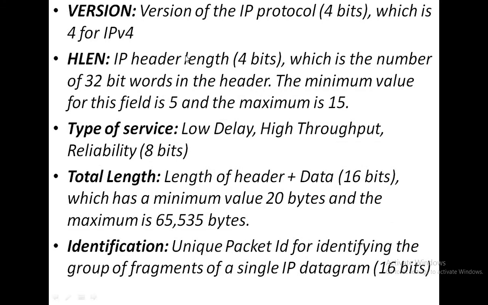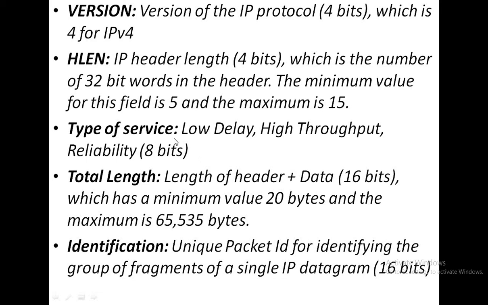The version, as I told you, is the version of the IP protocol, a 4-bit field which defines the version type, IPv4 or IPv6. The header length is the number of 32-bit words in the header. The minimum value for this field is 5 and the maximum value is 15.